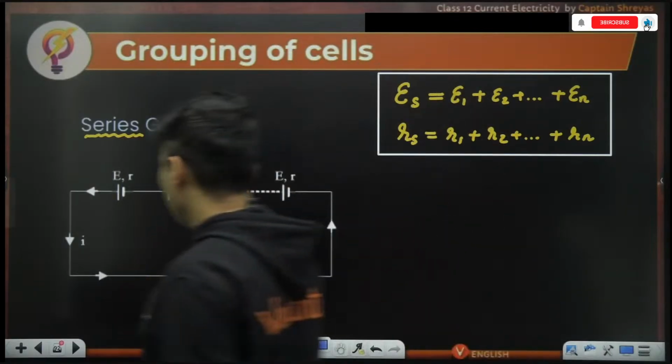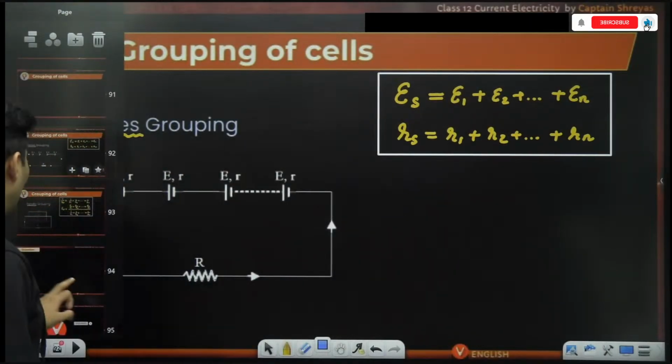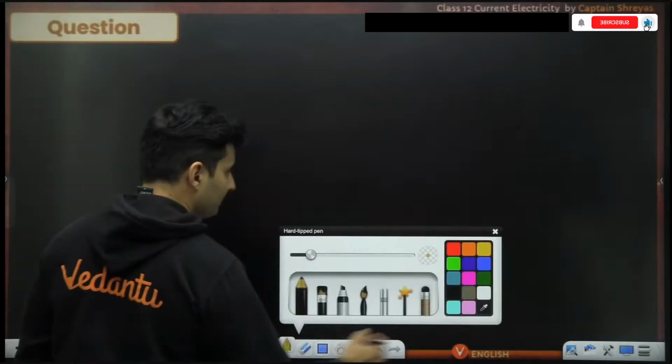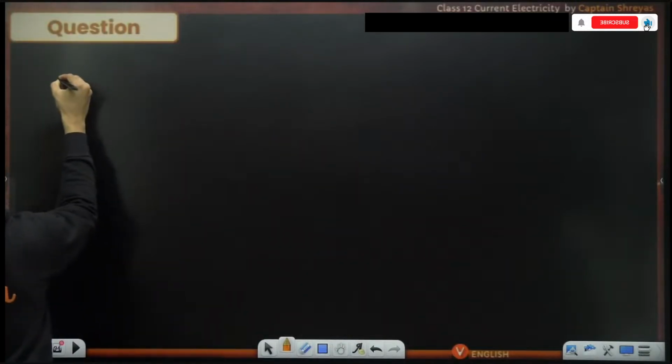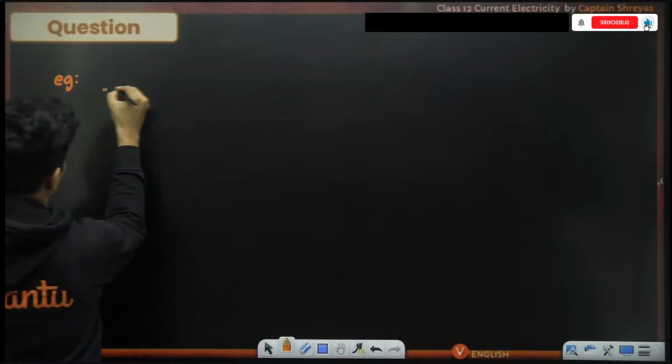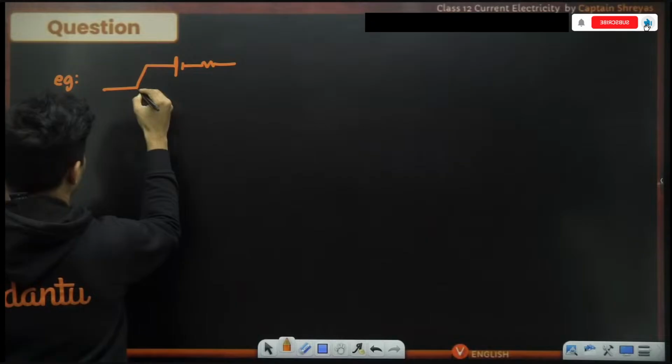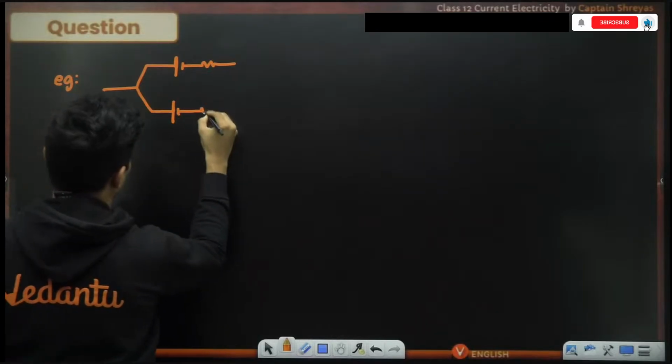Let me demonstrate this to you via a simple example so that you also get a hang of it. Say, for example, we have one battery over here like this and another battery over here like this.